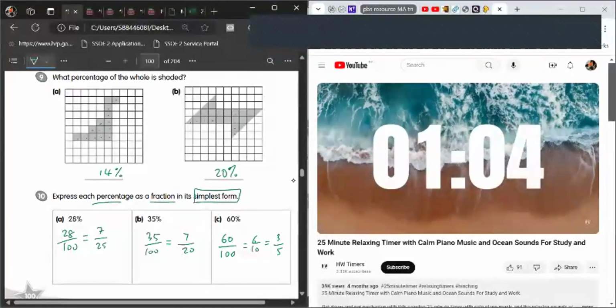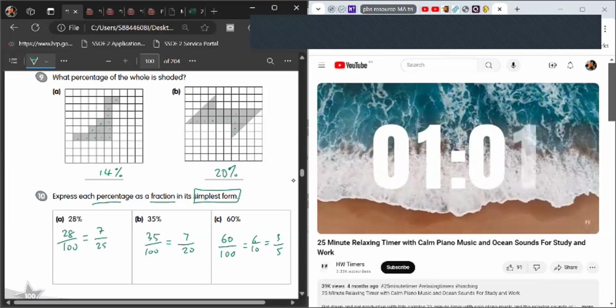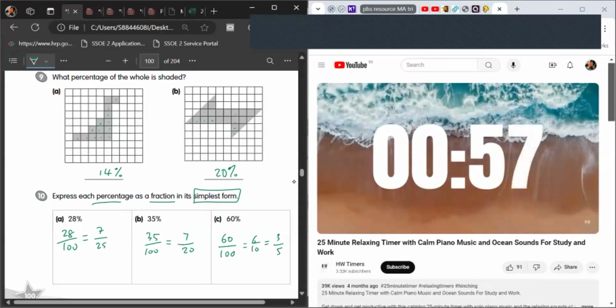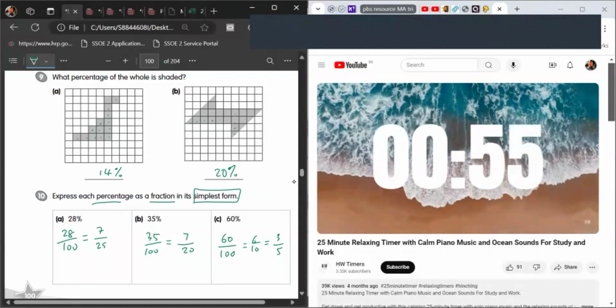How is it? Has everybody finished? Nope. Okay, maybe those of us who have finished, then the discussion point will be, how is it that you can count the squares quickly?